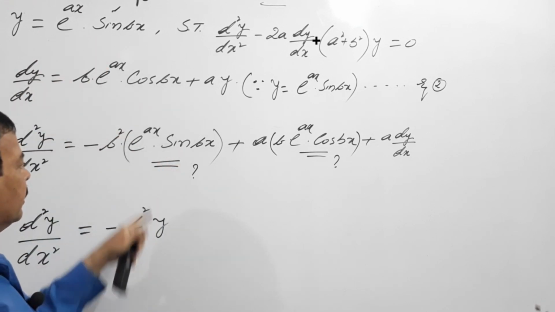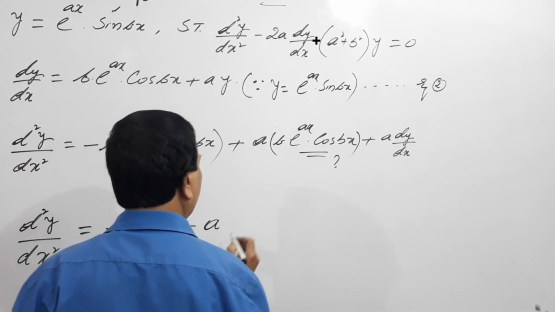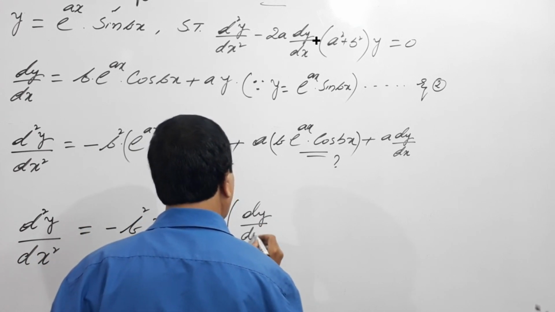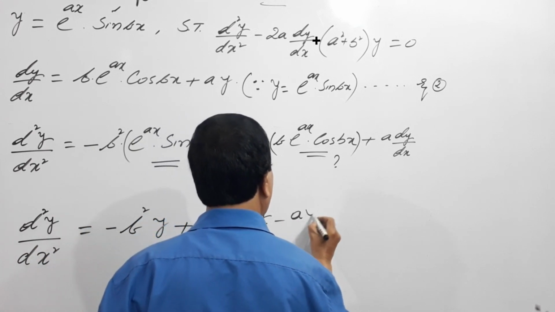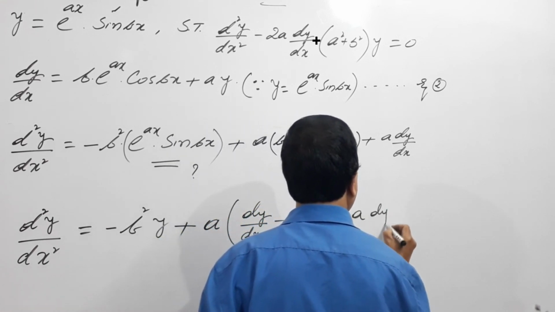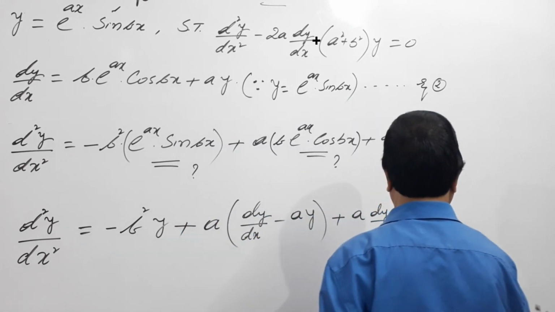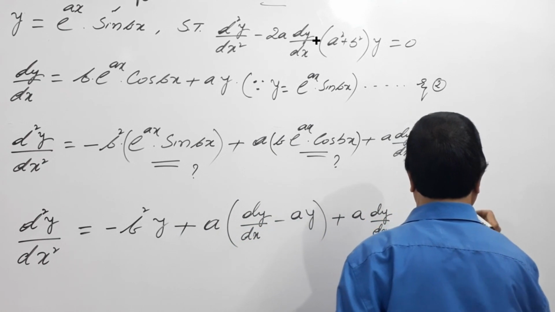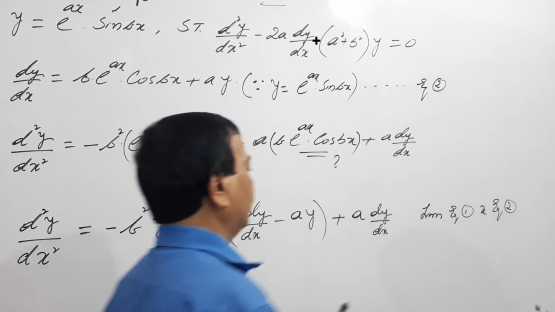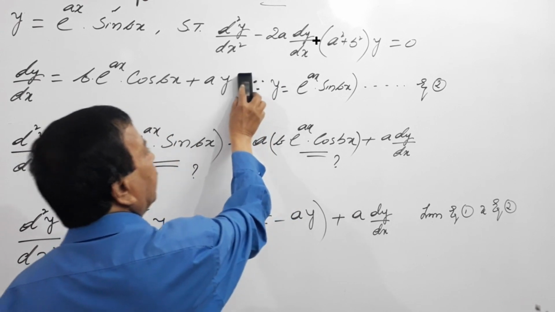So I am going to replace this with y, plus a into dy by dx minus ay, plus a into dy by dx, from equation 1 and equation 2. I will show you this. I will rub this. Okay.